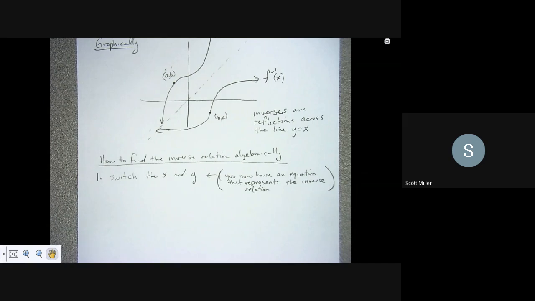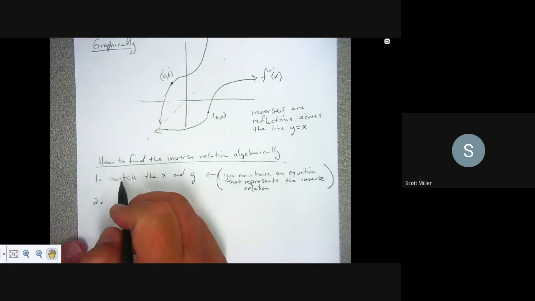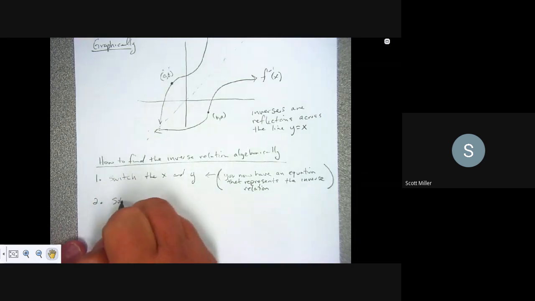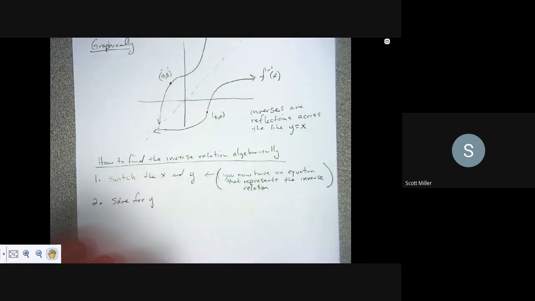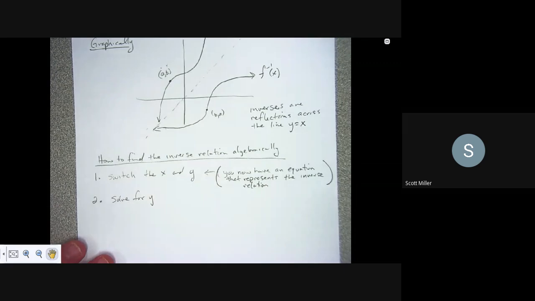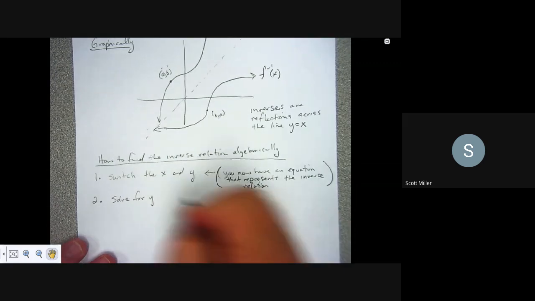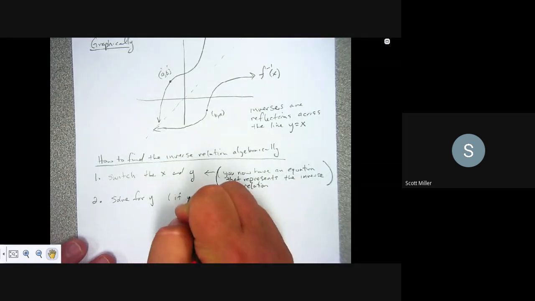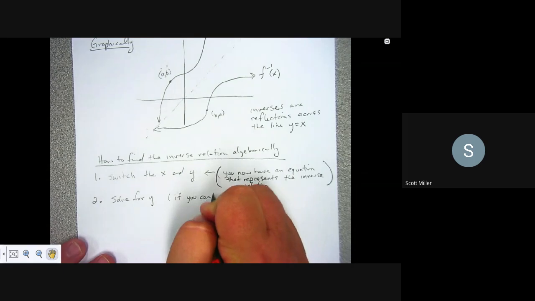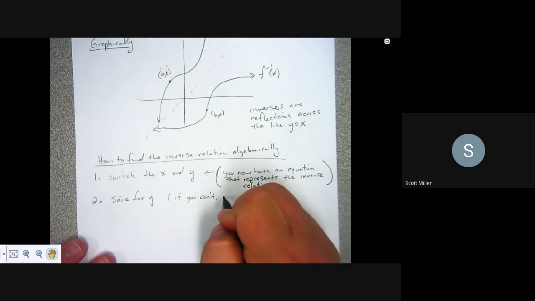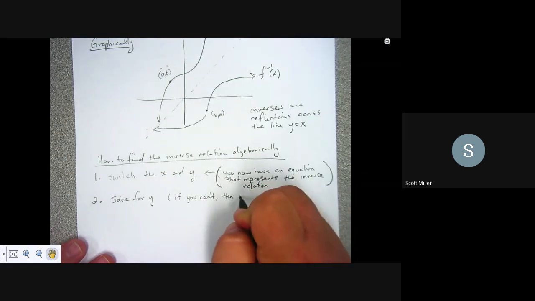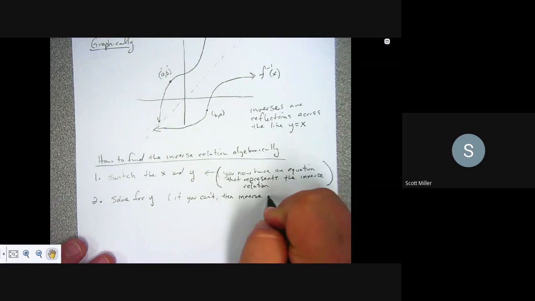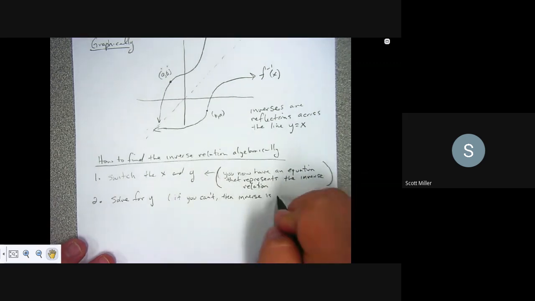Now, the next part of this is to basically go through this, and we're going to solve for y. The next step you want to do is solve for y. If you can't, then the inverse is not a function.